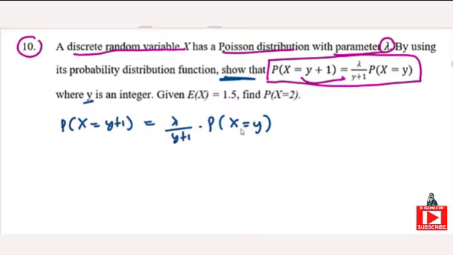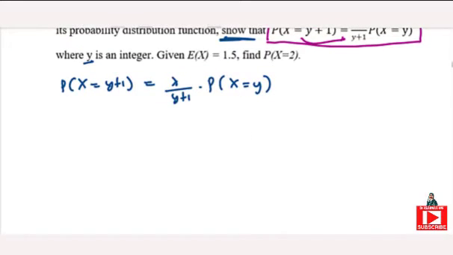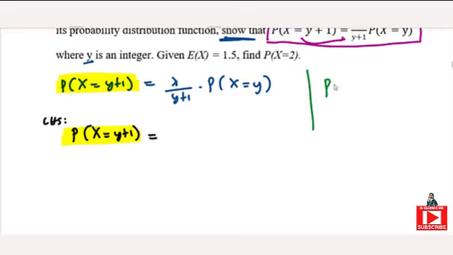So we do this one first, show. Okay, I take on the first part. From left hand side, show it is equal to the right hand side. So left hand side, probability x is equal to y plus 1 is equal to, then the formula, P(X = x) is equal to e power negative lambda, lambda power x over x factorial.